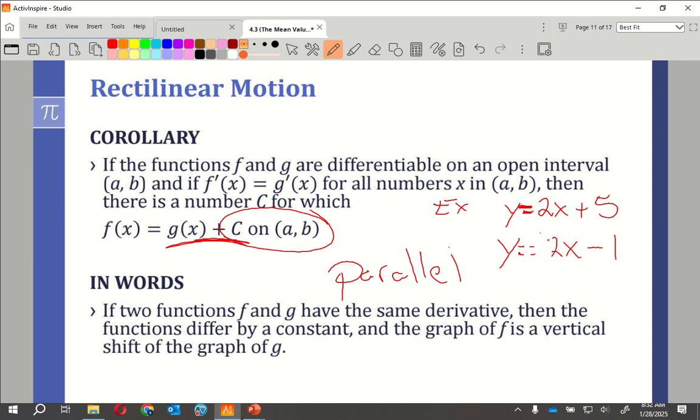So if I take the derivative, y prime for this one is 2. y prime for this one also is 2. But they were not the same original functions. And that's what this means, that there is some value of c by which they differ from each other.